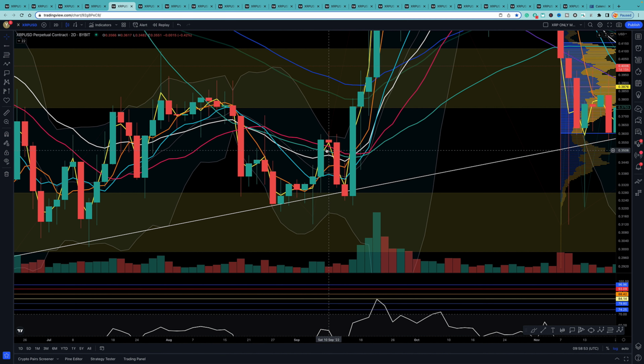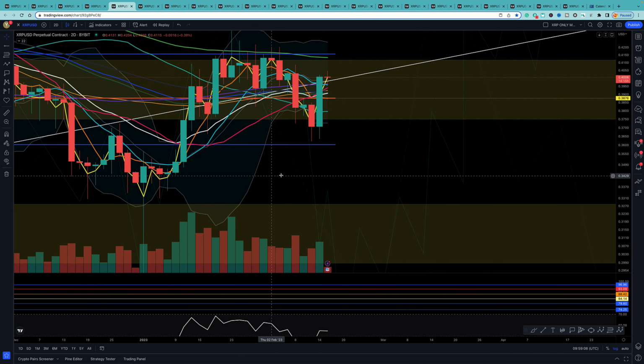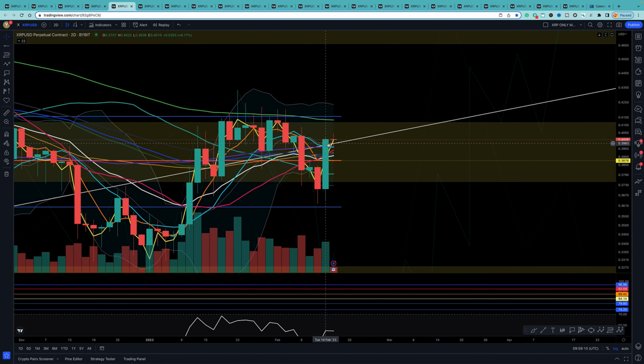So on the 2 day, this went on for, because this is 2 days, you'd count this as 6. So you can see that the VWAP on the 2 day was as high. So this is suggesting to me that we could be here for minimum 3 days before we get a drop, and possibly 4 or 5 days before we get our drop.